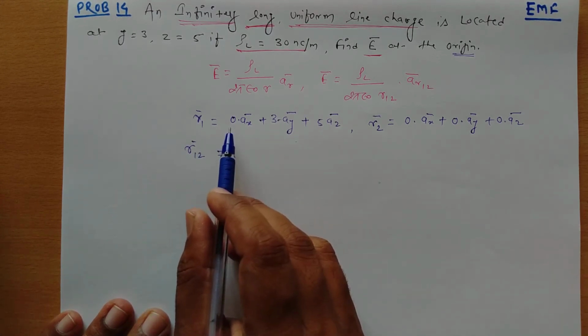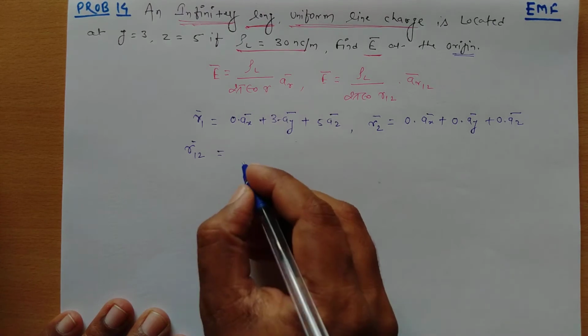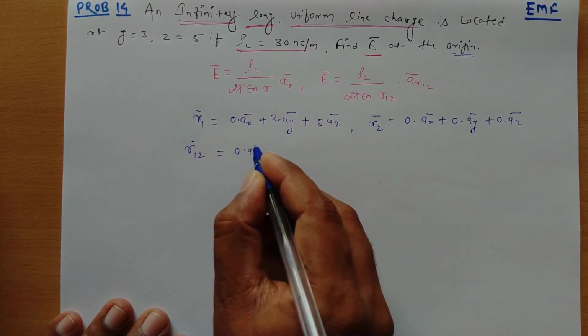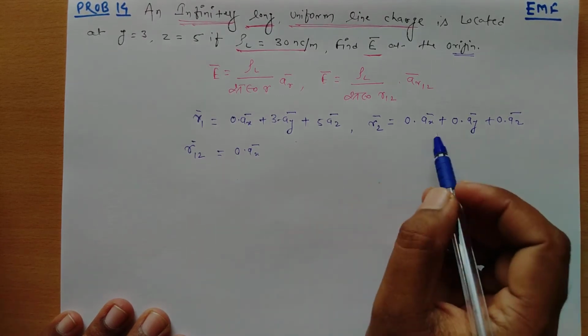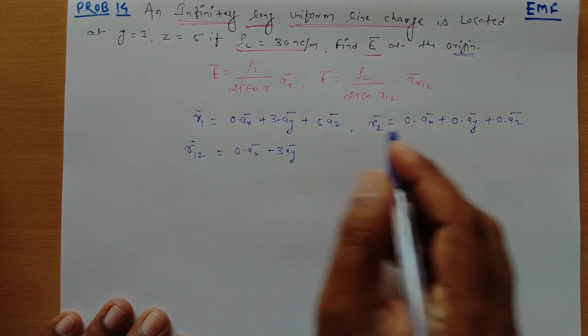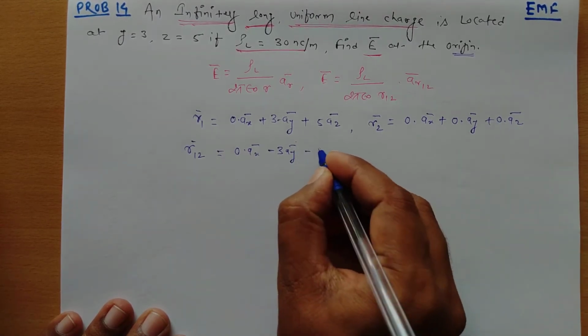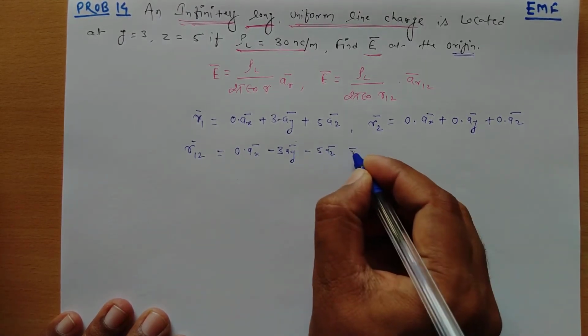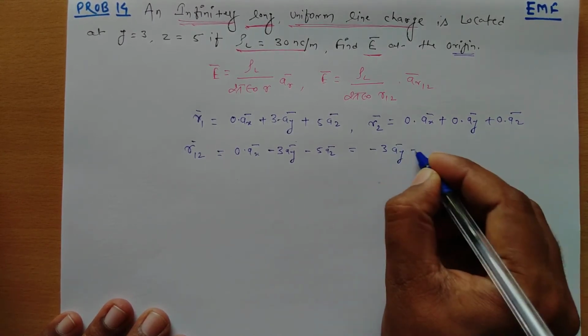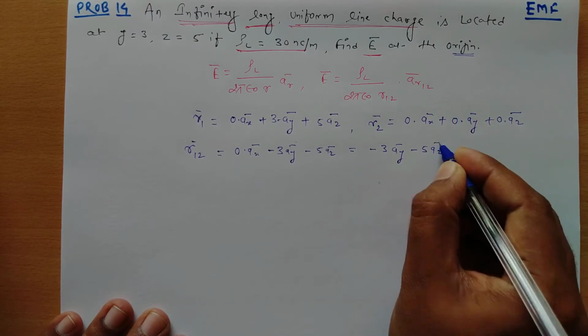So 0 minus 0 gives 0, so 0 into ax, and 0 minus 3 becomes minus 3 ay, and 0 minus 5 becomes minus 5 az. So ultimately R12 is minus 3 ay minus 5 az, okay.